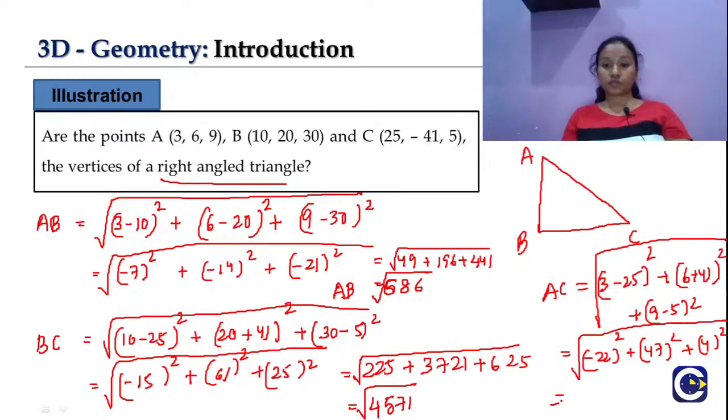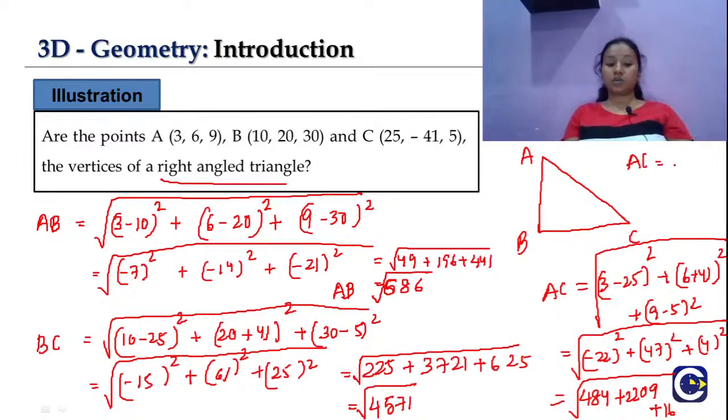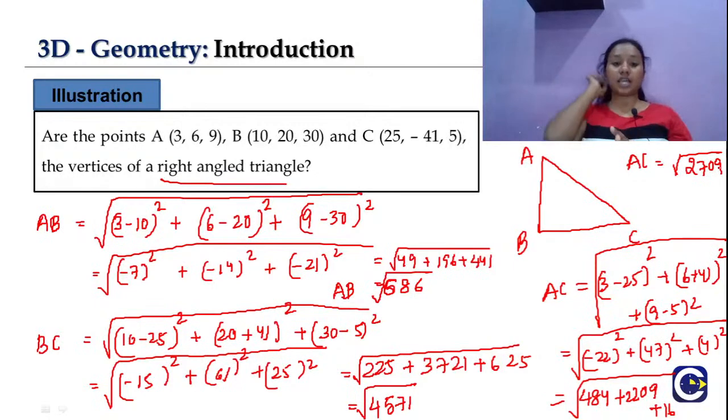So 22 whole square will be 484, 67 square is 4489, and 4 square is 16. So finally the distance AC here will be equal to square root of 2709. So now we have figured out all the three distances AB, BC and AC.